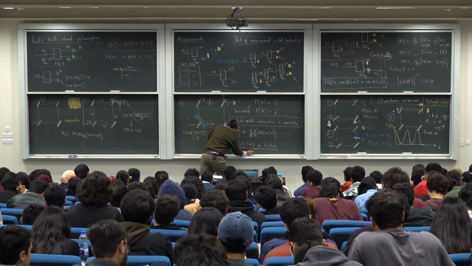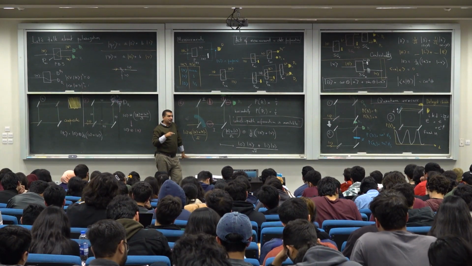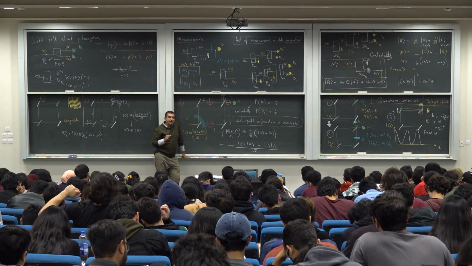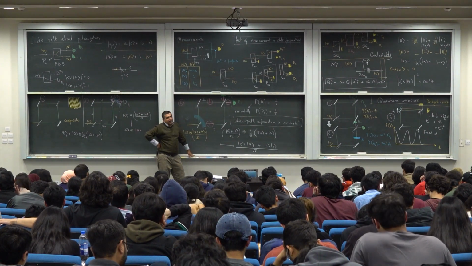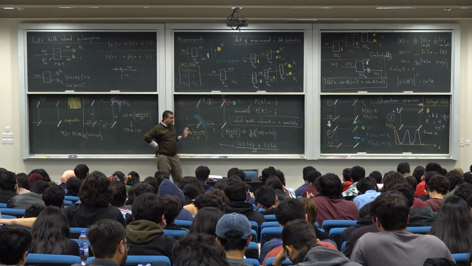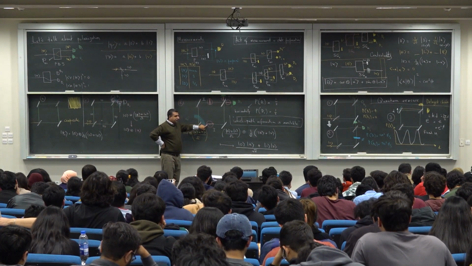I need this for normalization. This is my new quantum state after I've seen the two polarizers. In fact, I've missed a number of steps. You could do this step by step. Let's do this as homework. Find the action of this polarizer.